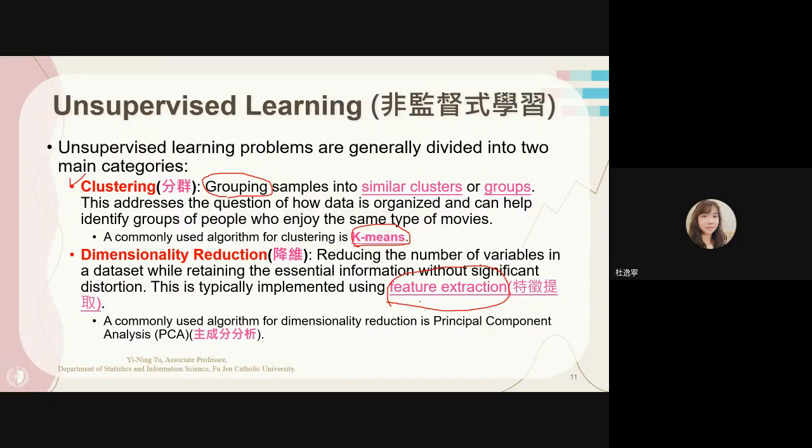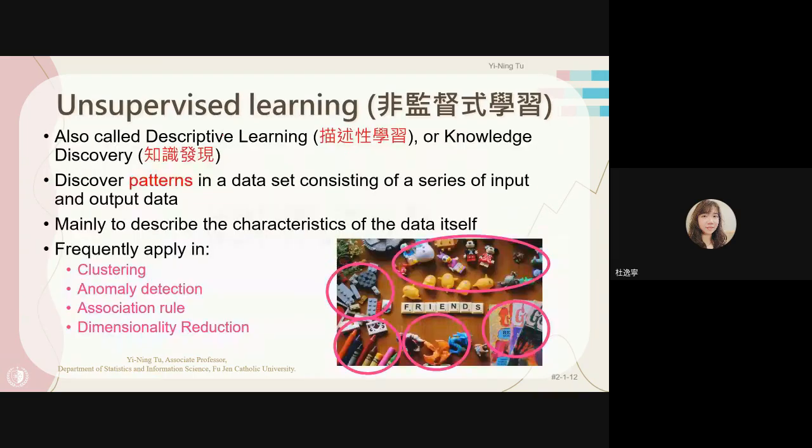So this part we can also call that feature extraction. A commonly used algorithm for dimensionality reduction is principal component analysis, PCA 主成分分析. Sometimes I think you take the course multivariate analysis, 多变量分析, will discuss and cover this topic. But in this class, we do not cover this part. We will only cover the k-means, clustering, because dimensionality reduction is more focused on multivariate analysis, 就是多变量分析.